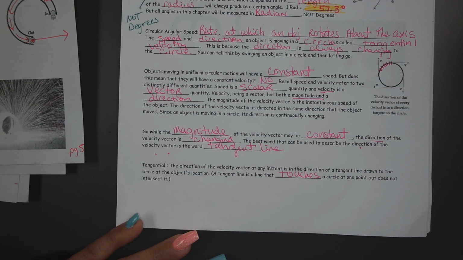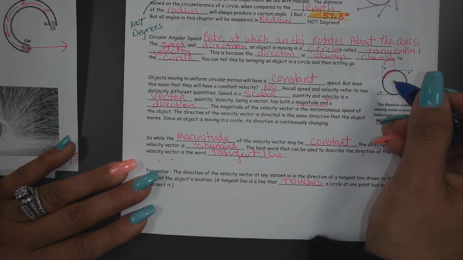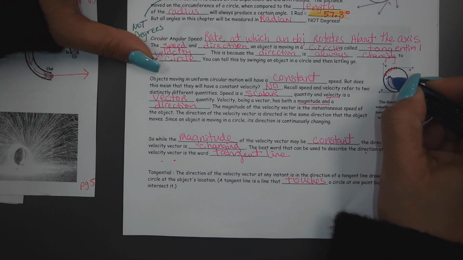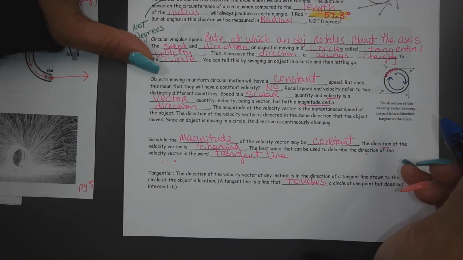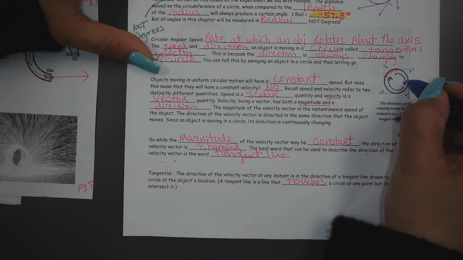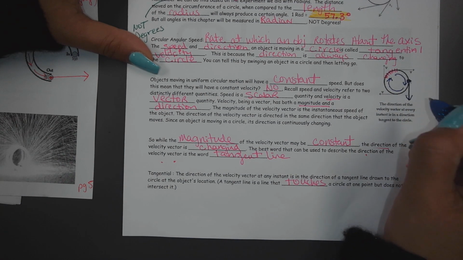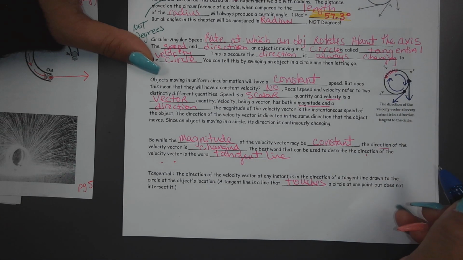Again, I have no clue what kind of math skills you have or who your teacher was, if you even had a chance to talk about tangent velocity. But if this circle is moving in this direction, I can see that through those arrows. Imagine if something was to break loose at this point, it would shoot out in what we call a tangent line. If it was to break loose at this location, it would shoot out at a tangent line.